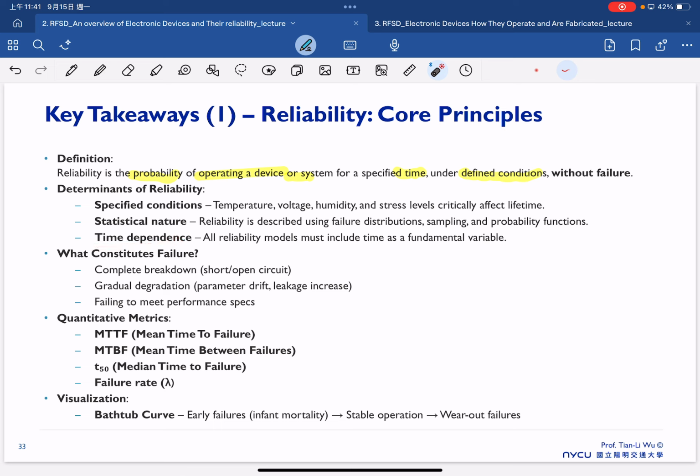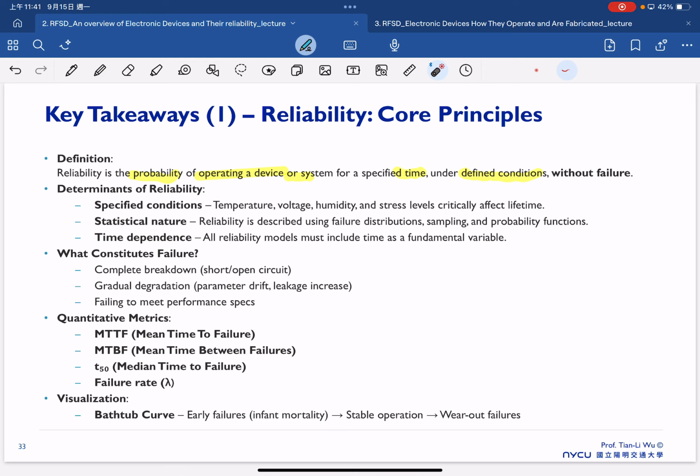And what in the end will cause a failure, which can be complete breakdown, gradual degradation, or failing to meet certain performance specs. For example, 20% of the R increase, 20% of the threshold voltage shift.